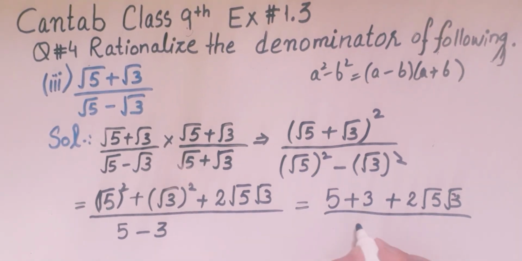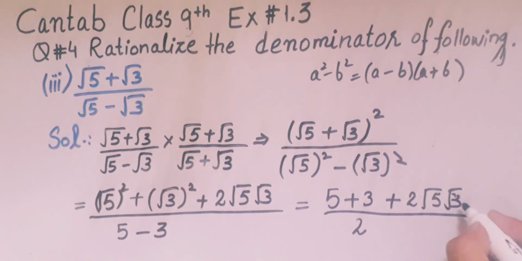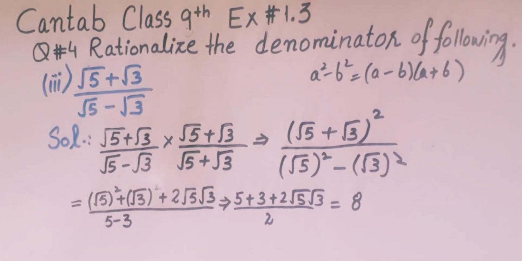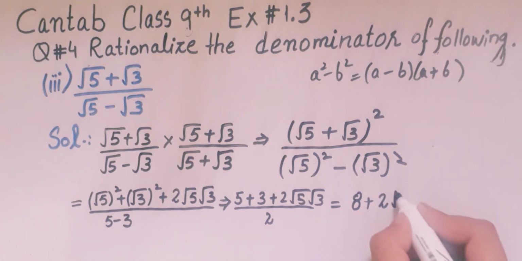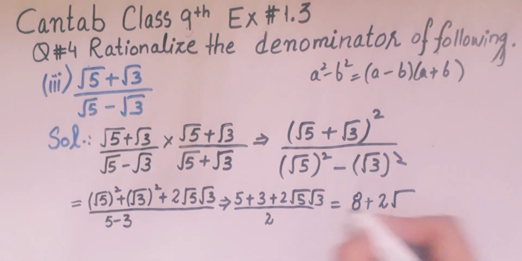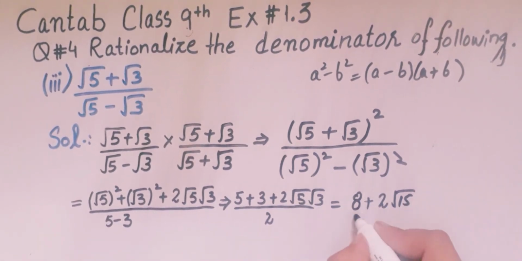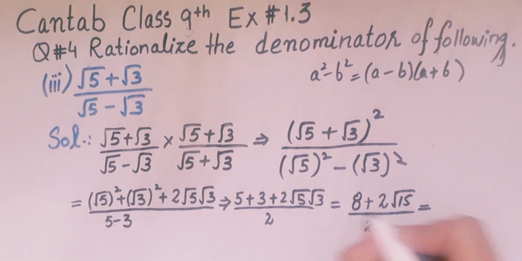5 minus 3 is 2, which is equal to 8 plus 2 square root 5 multiply square root 3, square root 15, by 2. We will take 2 as common.